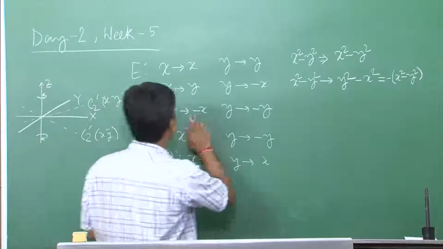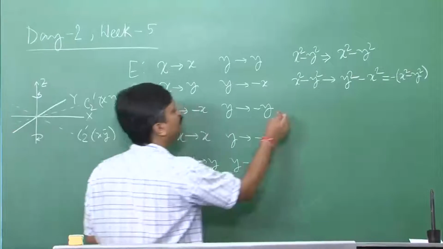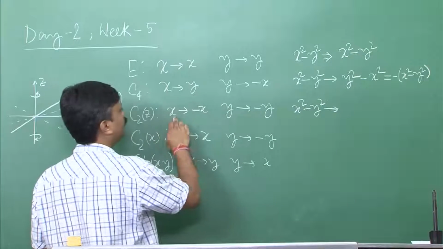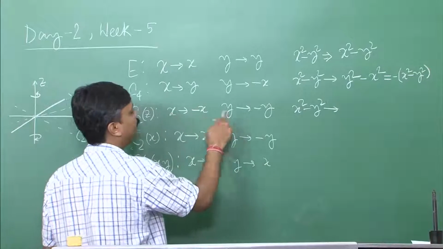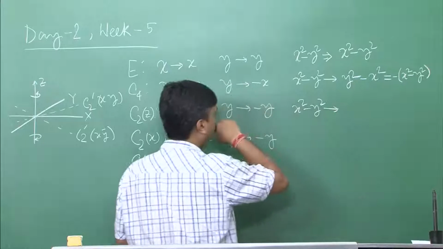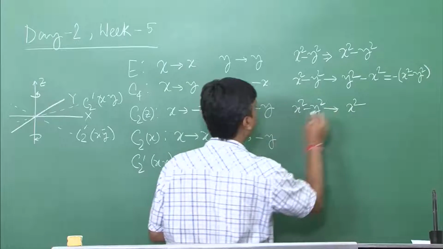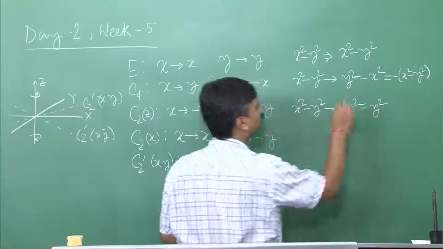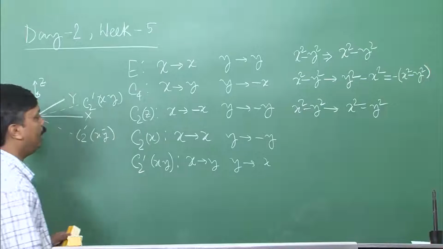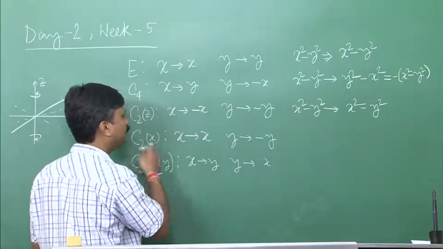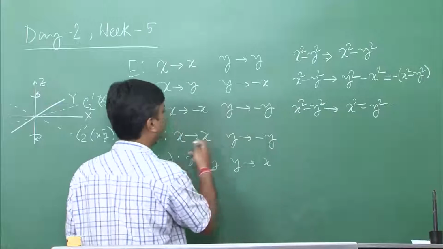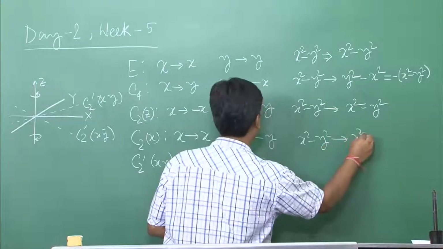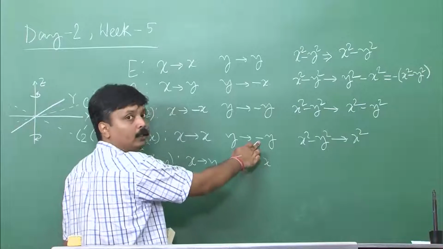So here, for example, when you operate C2Z, then x square minus y square is getting transformed into, so x is becoming minus x, so there is no change here, and this one also remains unchanged. Okay, and for C2x, here your x is remaining x, and y is becoming minus y, all right.